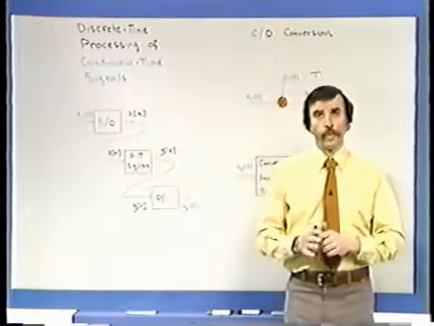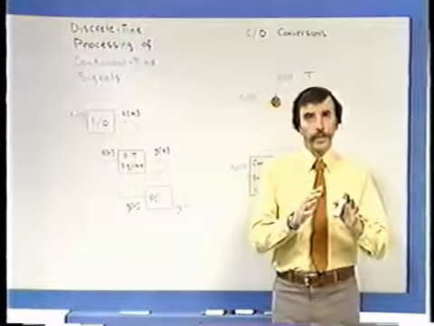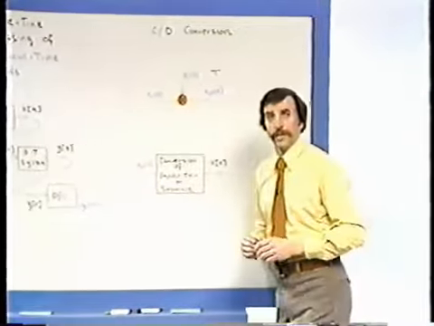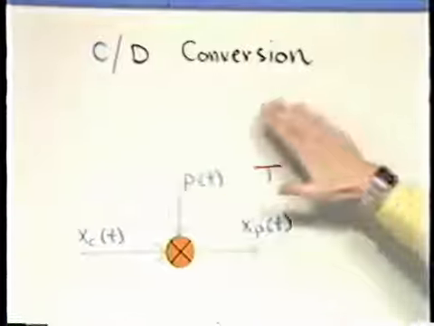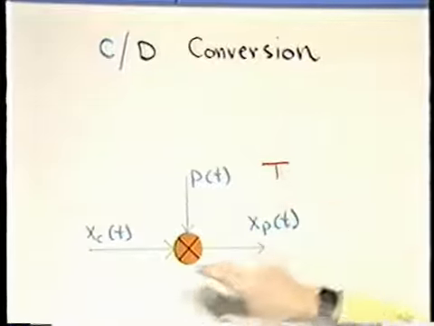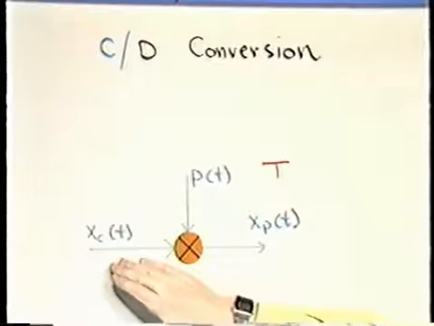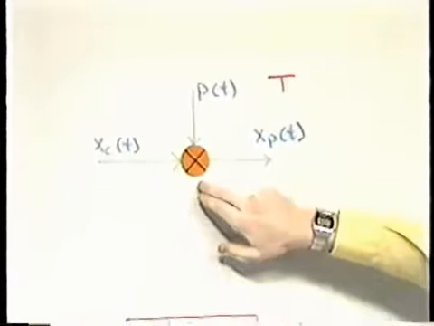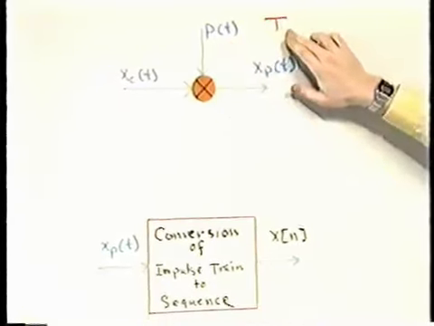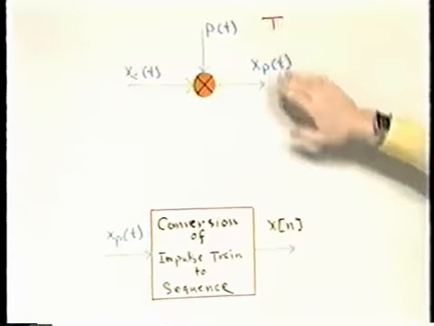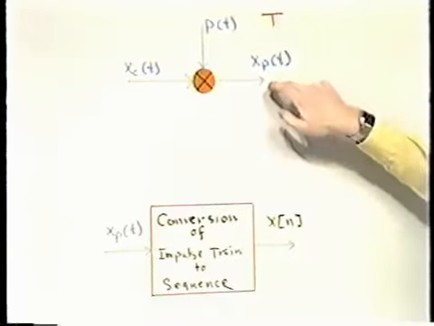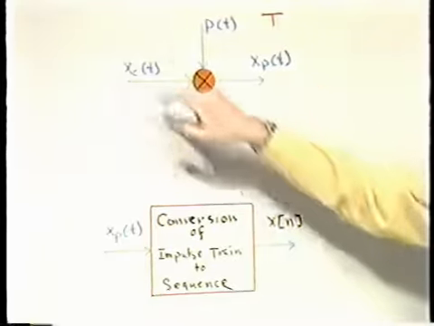Well, let me review what is involved in the mapping from the continuous time signal to the sequence. And let me stress again that this operation is basically, in the continuous to discrete time conversion, a two-step process. In the first part of the process, the continuous time signal is modulated with an impulse train where the period of the impulse train is capital T. And so we have a continuous time impulse train signal which captures the samples of the original continuous time signal.